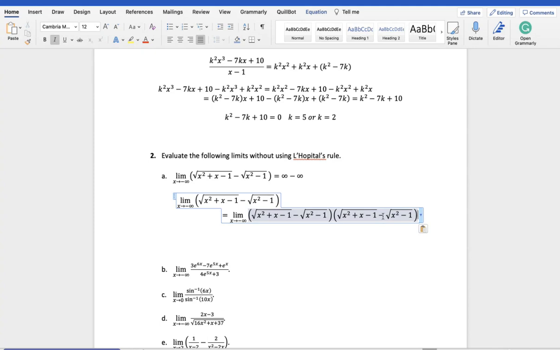So you guys have seen that. So you multiply by the square root of x squared plus x minus 1 plus the square root of x squared minus 1, all divided by the same conjugates, right?